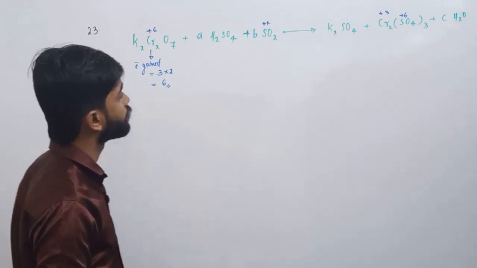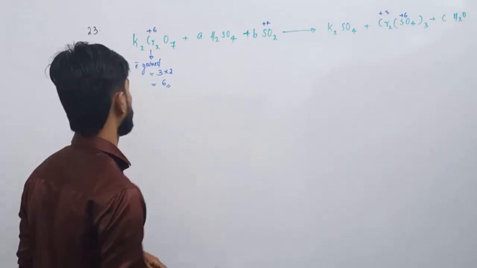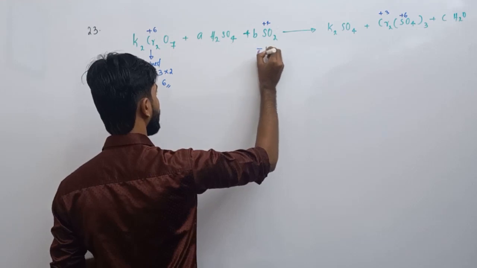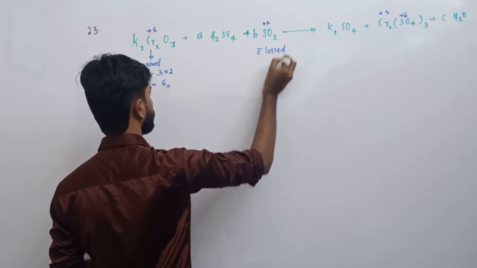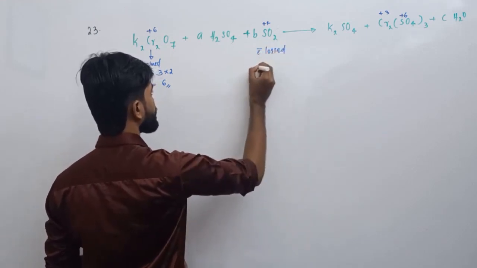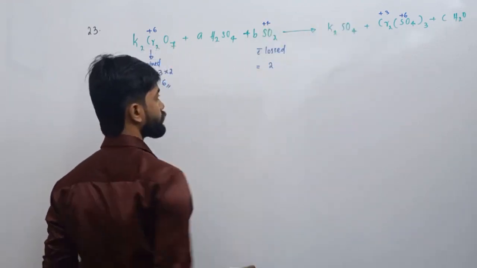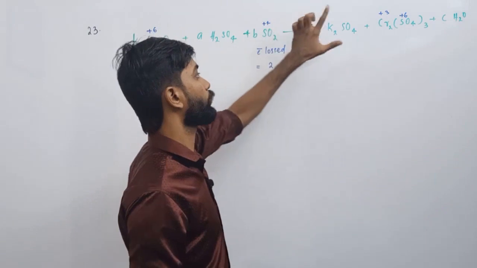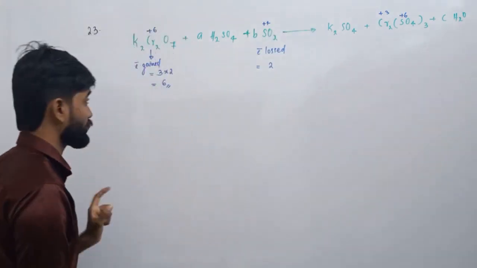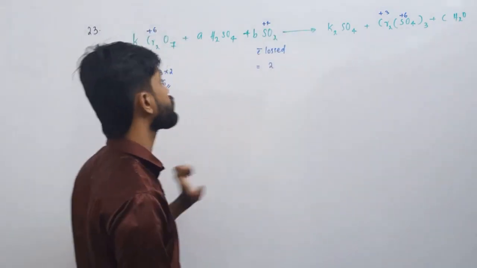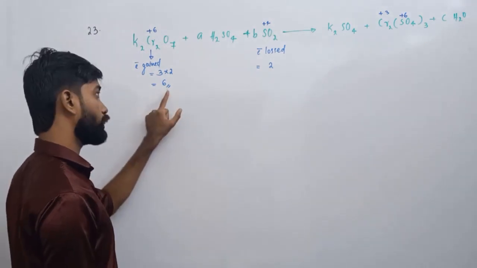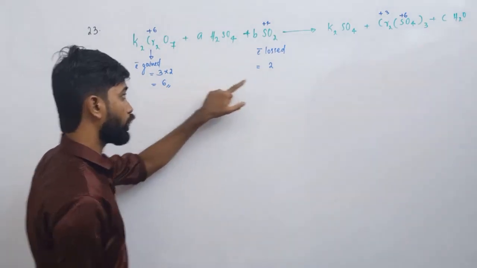What is the number of electrons lost? The change in oxidation state is from plus 4 to plus 6, that is 2. So here gained 6, lost 2.